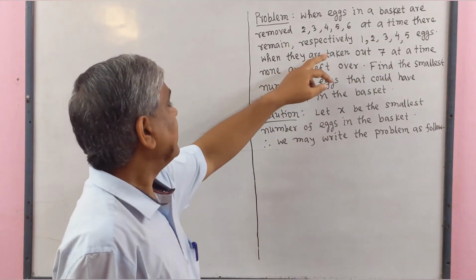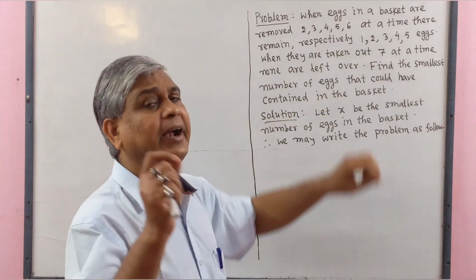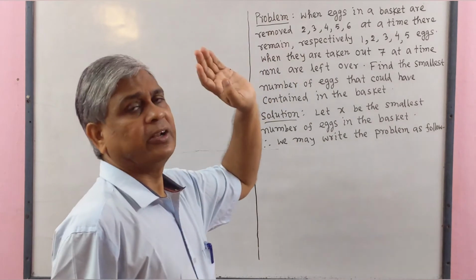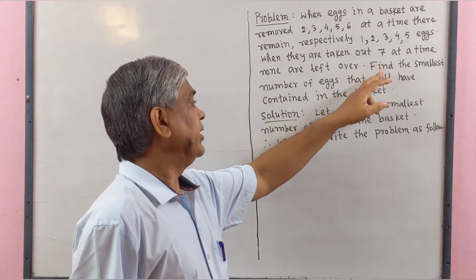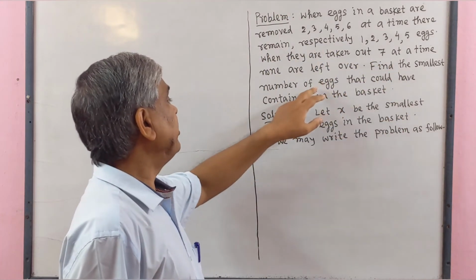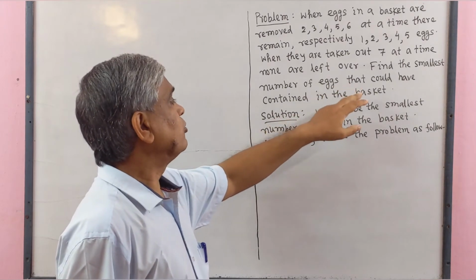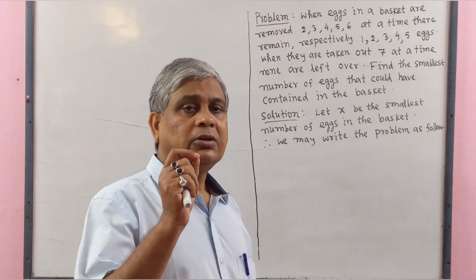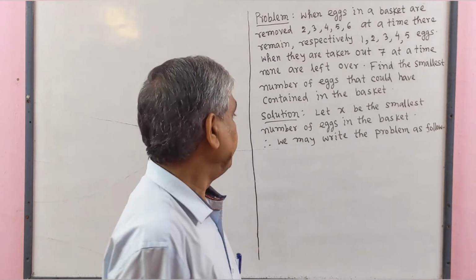When they are taken out 7 at a time, none are left over. Find the smallest number of eggs that could have been in the basket. Now we solve the problem.